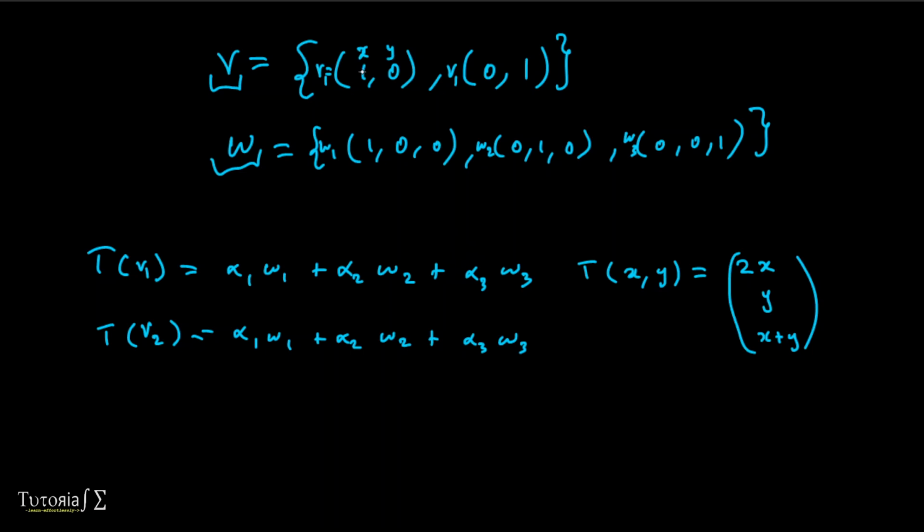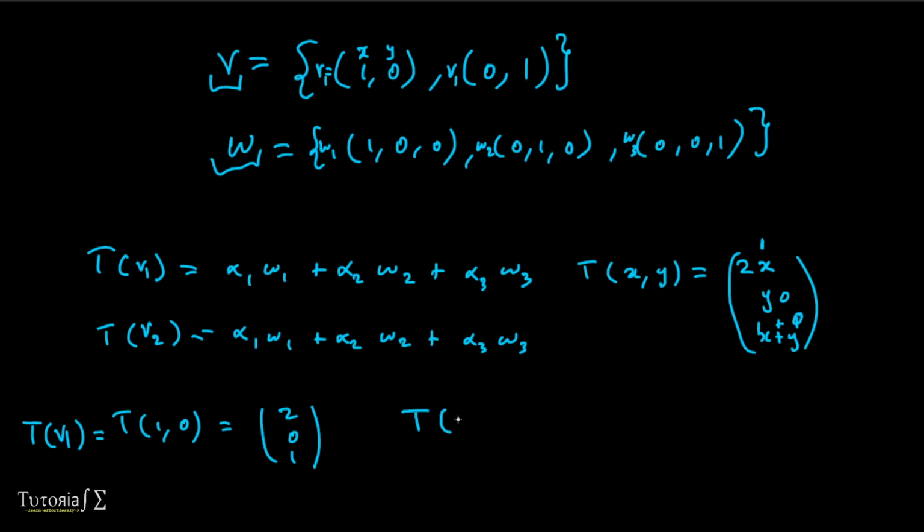So when we put the transformation of x as 1, 0, this will be 1, this would be 0, this is 1 plus 0, which is just 1. So what we get as an output is 2, because 2 times 1, then here we have 0, then here we have 1. So this is for T V1, which will be equal to this.